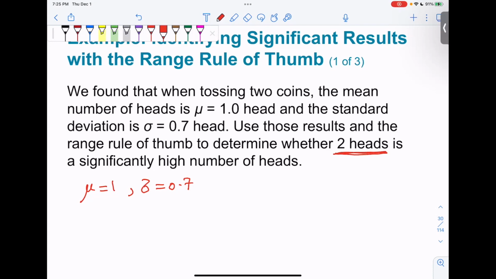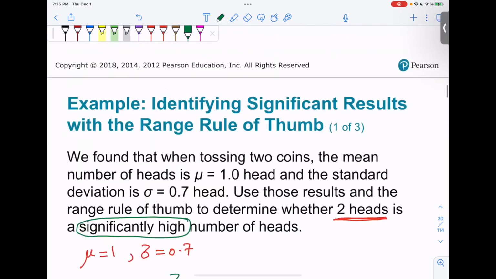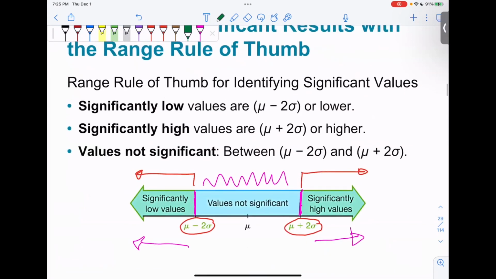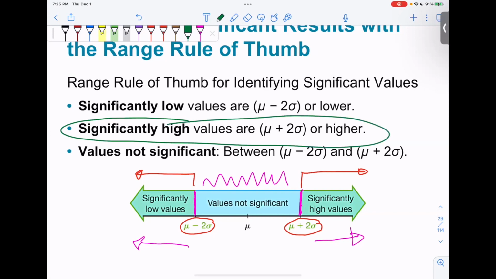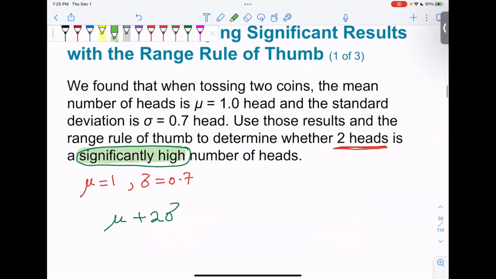So now what do we want to find? We want to find mu plus 2 sigma, since they said high, right? We said it's high if it's greater than or equal to this value. And in this question, they ask whether it is significantly high or not.